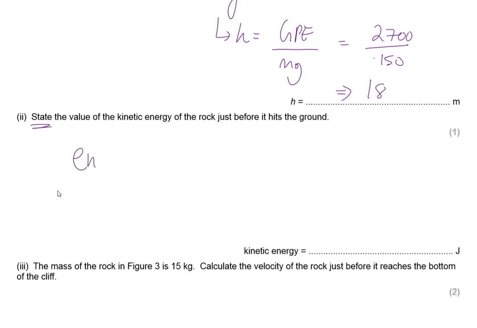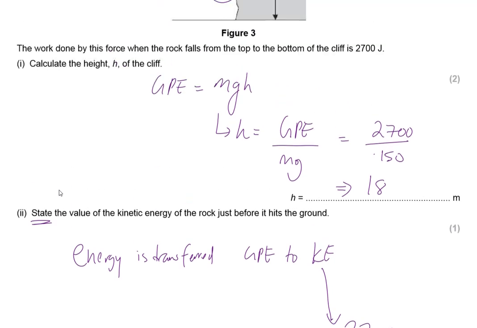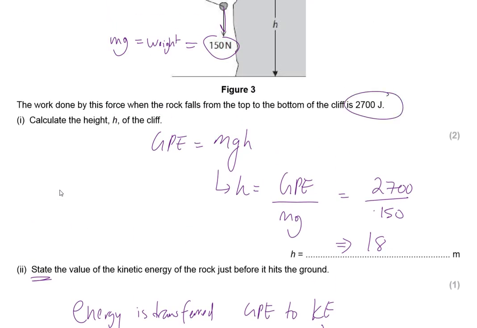Now, one of the rules of energy is that energy can be transferred. So energy is transferred from GPE to kinetic energy. Therefore, the kinetic energy is going to be 2700, because this is what you have.